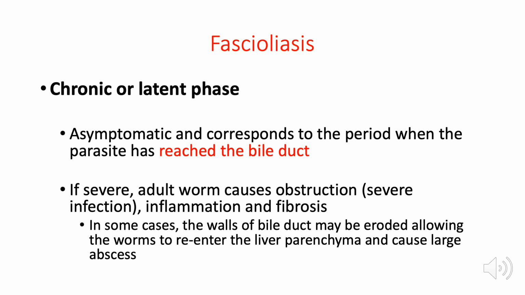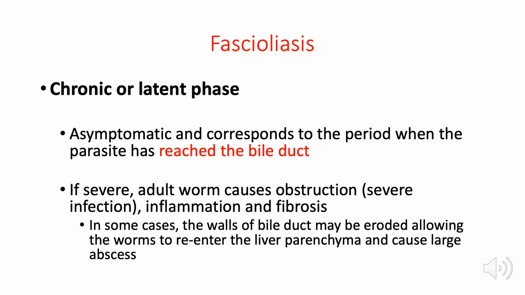And the patient, most of the time, will become asymptomatic. So if the patient has fever and right upper quadrant pain due to fascioliasis, and does not seek treatment, the patient will just assume that he has already recovered from the disease because he will become asymptomatic in the chronic or latent phase.